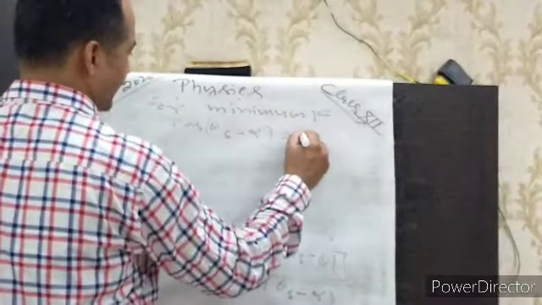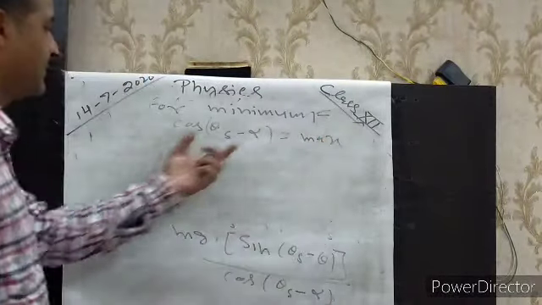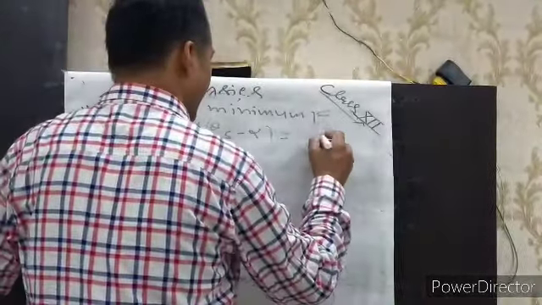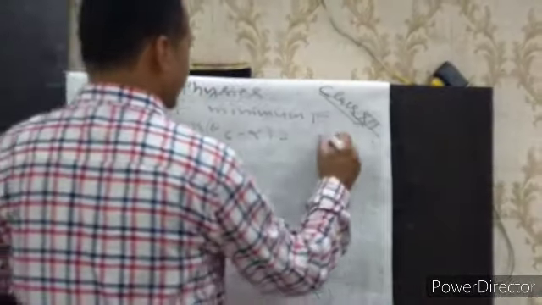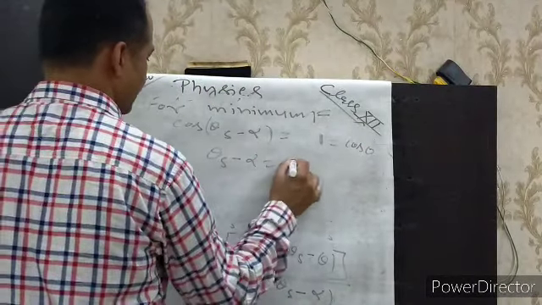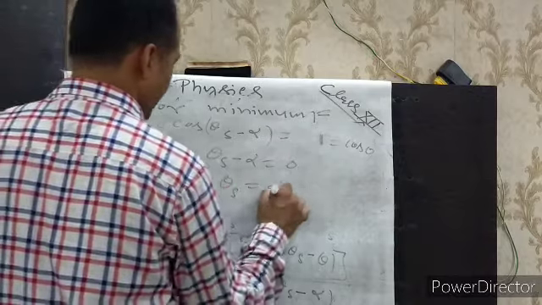What is the maximum value of cos? 1. And cos 0 is 1. Then theta s minus alpha is equal to 0, so theta s is equal to alpha.